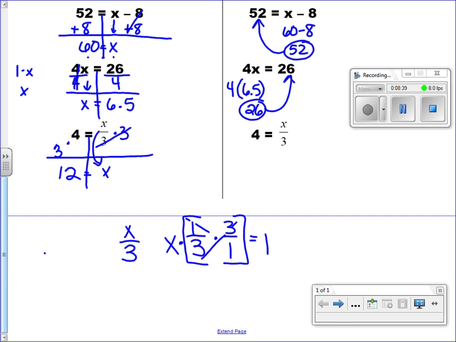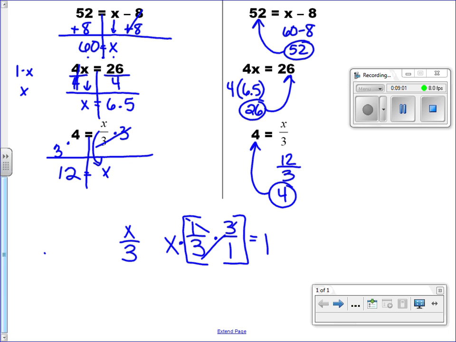So I'm saying 12 equals x. Now I'm going to say 12 divided by 3. You might be seeing that as a fraction. I see it as a division problem. 12 divided by 3 equals 4. And sure enough, our answer works out.